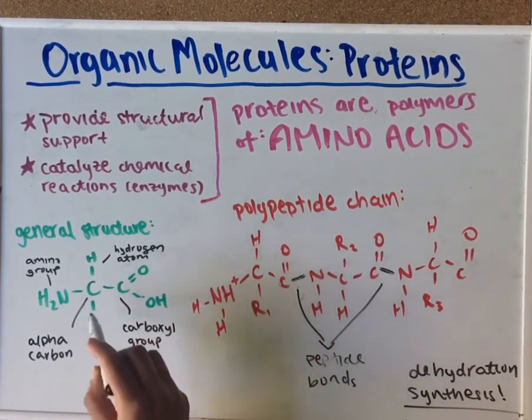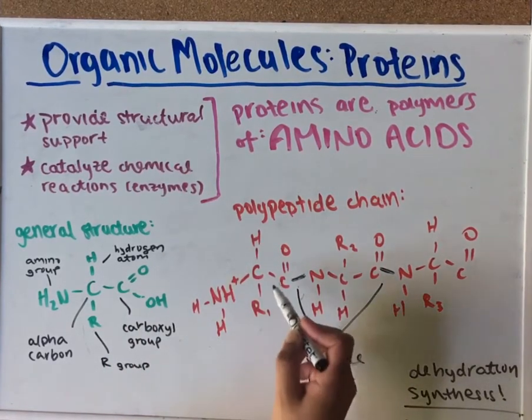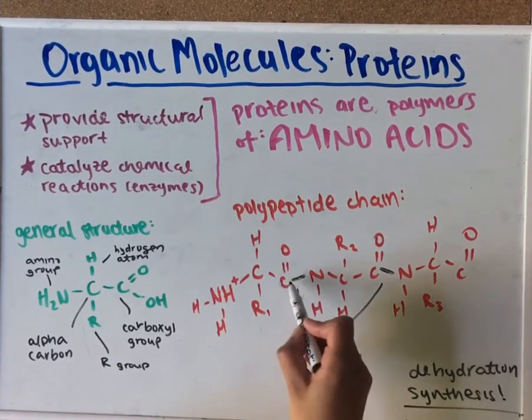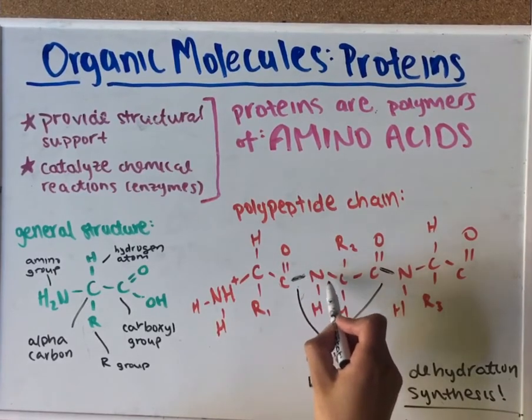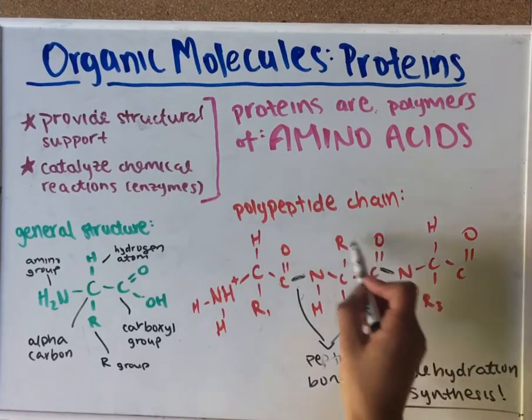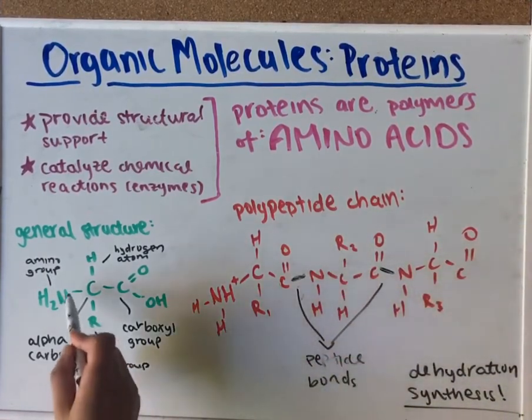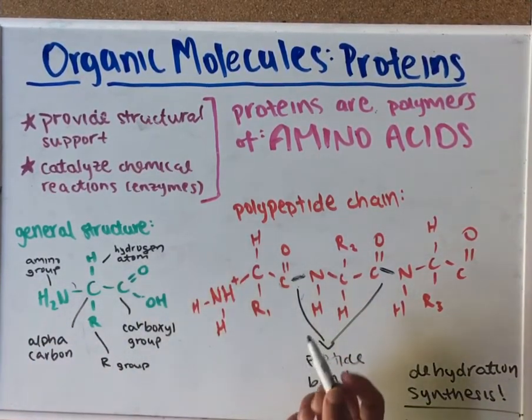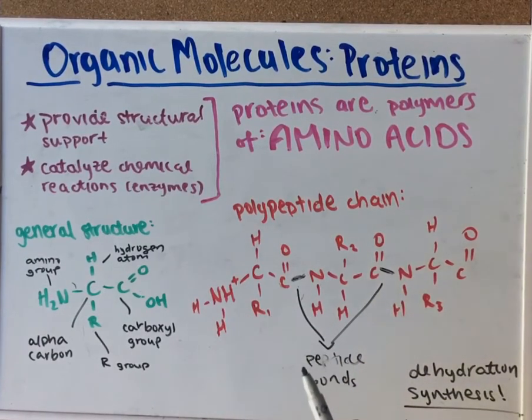That makes up a carboxyl group. But as you can see, the C has a peptide bond to the nitrogen atom of the amine group of the second amino acid. So what happens is we lose two H's and an O.